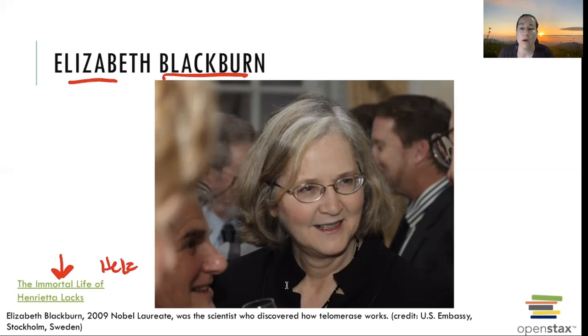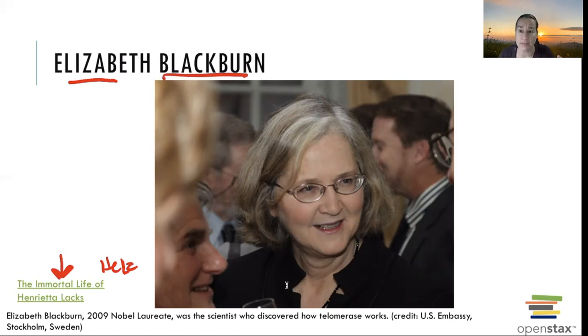You've got to read the book. But in a nutshell, she was treated really terribly. Her family was treated terribly. They ended up taking her cancer cells and discovering that they grew. It was the first time that cells were growing in a lab. So the scientist took them and sent them to all his friends: look at these cells, they're copying themselves, they're growing in the lab.